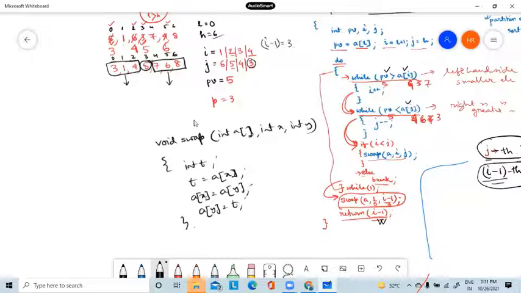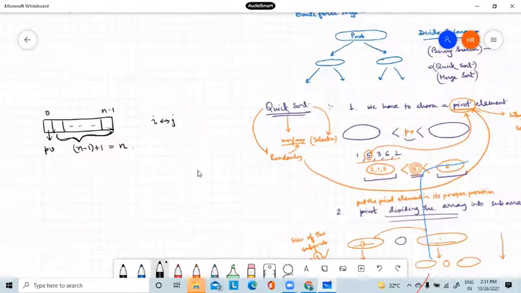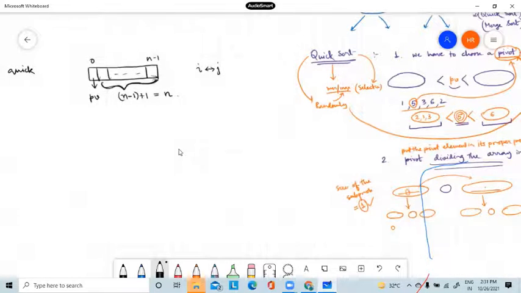That's why I am increasing the value by plus 1. So this is the number of comparisons to partition the array. So this is the time required for partitioning. I hope it is clear. For partitioning, we require this amount of comparison.